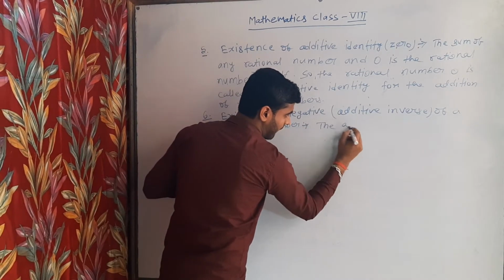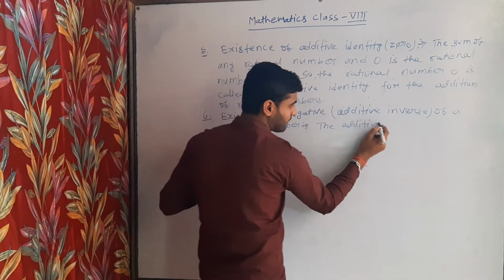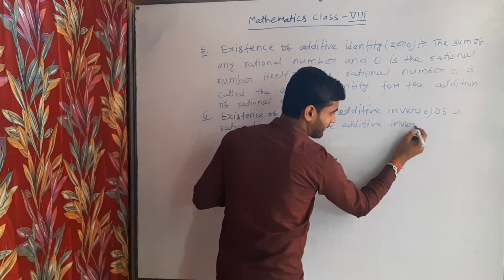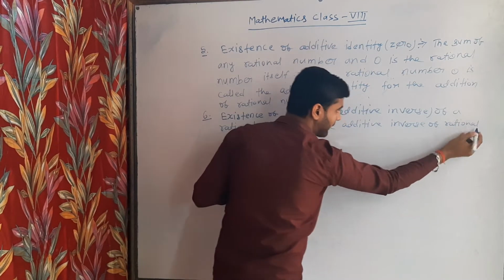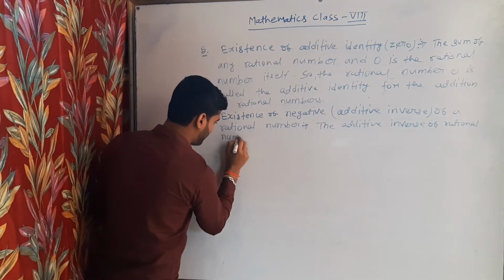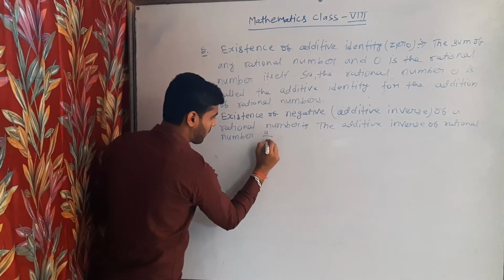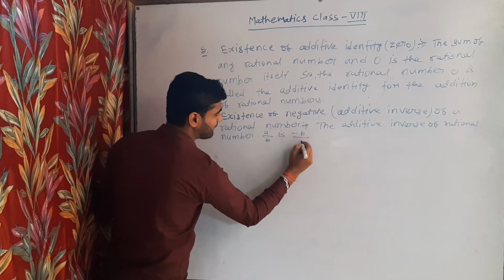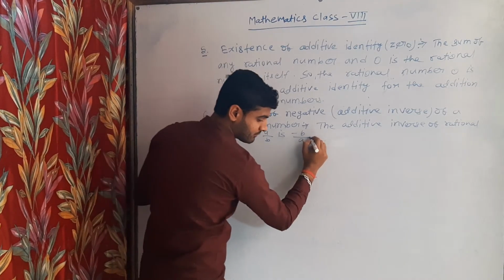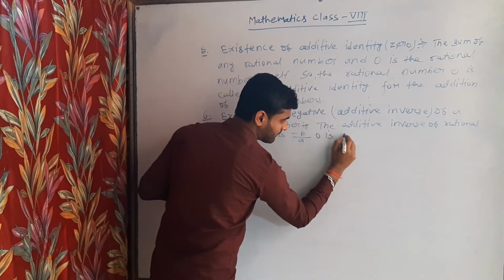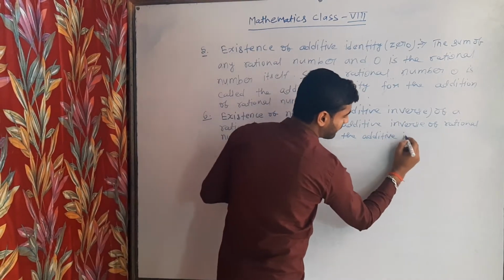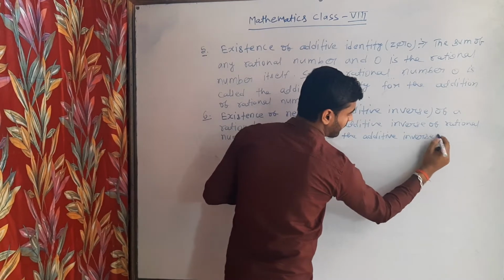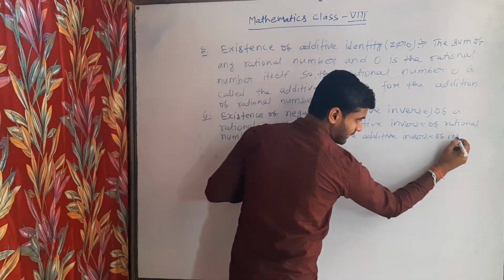The additive inverse of rational number a by b is minus a by b. 0 is the additive inverse of itself.